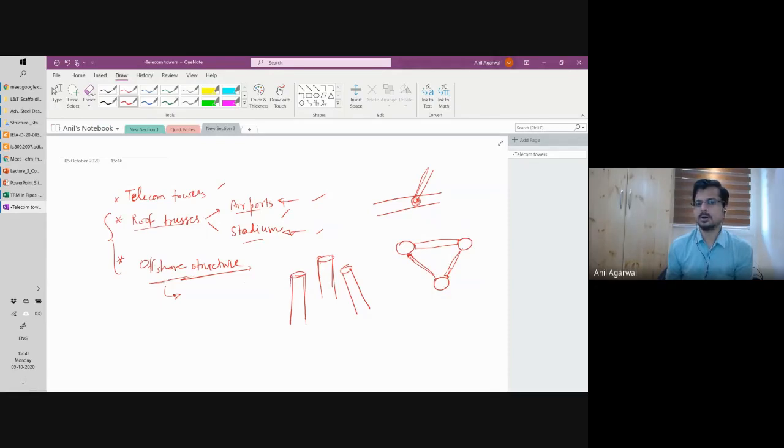Hollow sections make the entire truss, let's say this was a 4-legged truss of an offshore structure, which had some bracings, etc. These major pipes are these, and these are also pipes.